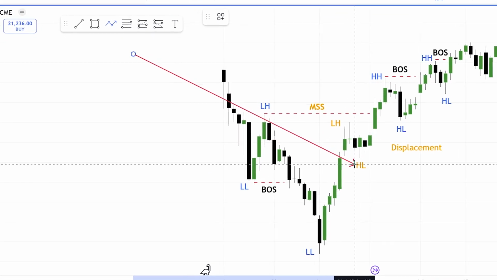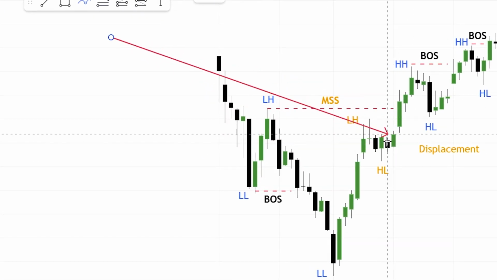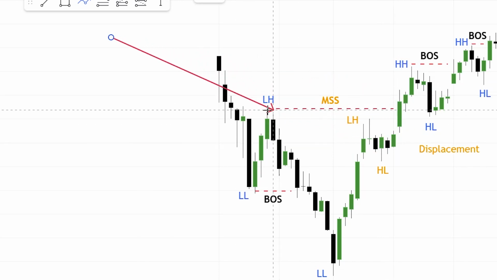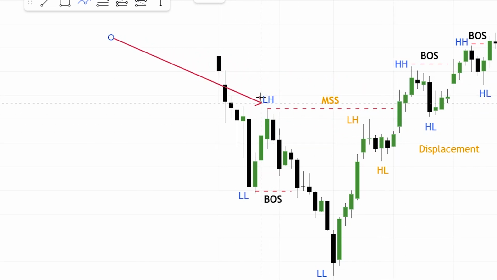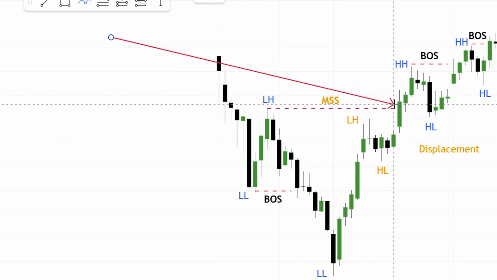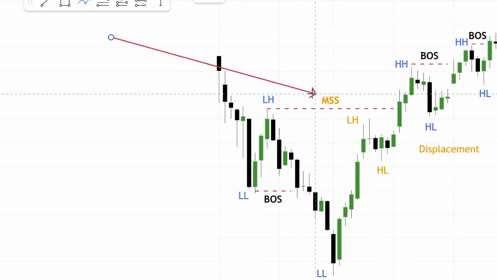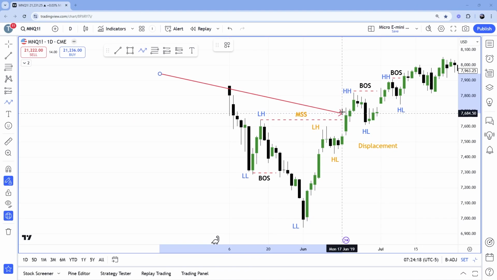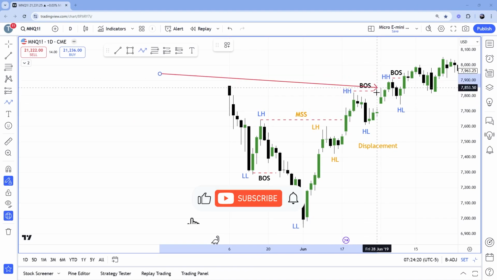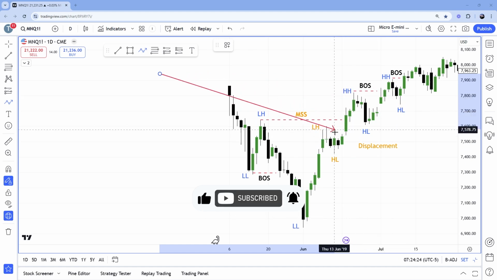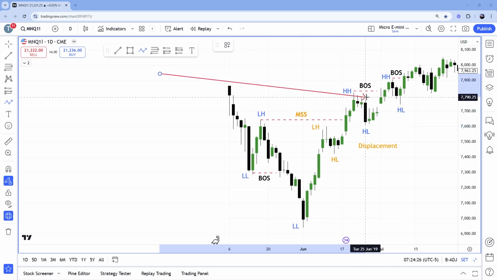And after that higher low, with the displacement, this is the displacement, it breaks this significant lower high towards north with the displacement. So that makes it a market structure shift. After that, you can see it's making higher highs and higher lows, meaning now the trend has converted to bullish.